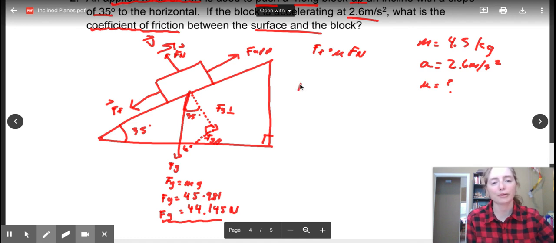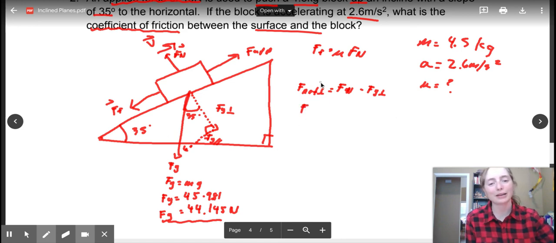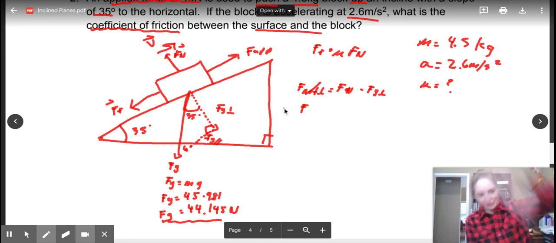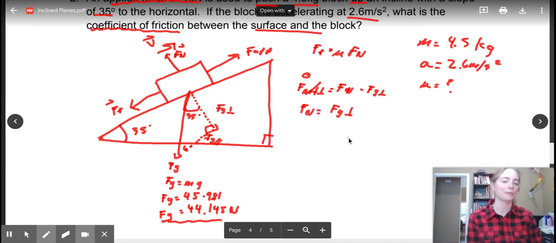Remembering that our normal force is perpendicular to the surface, our F net on the perpendicular is going to equal my Fn minus my Fg perpendicular. Because we're not accelerating up off the ramp and down through the ground, our F net is 0. So our normal force is going to equal my Fg perpendicular.